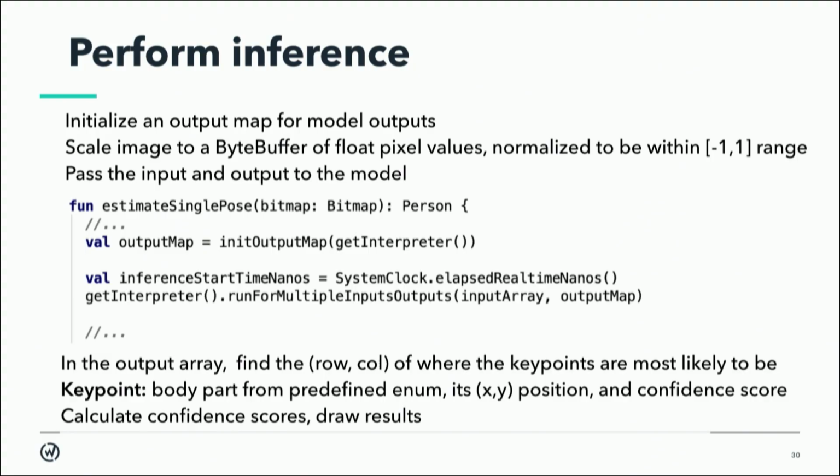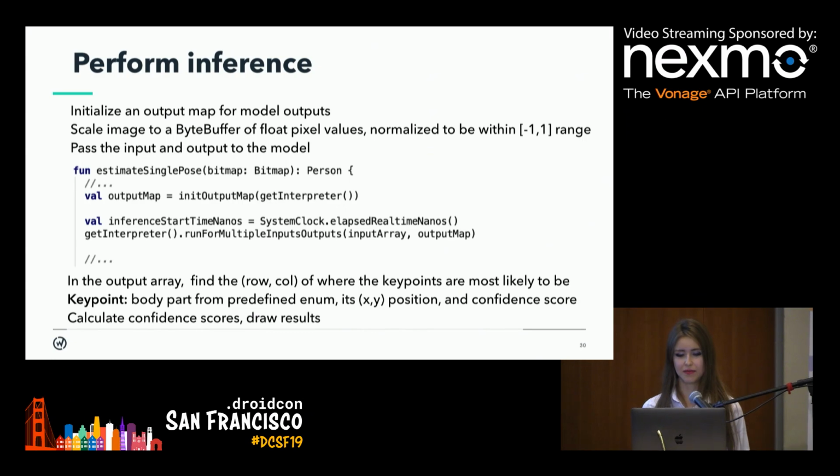So we're going to find the rows and columns where the key points of a person are most likely to be. Again, a key point is a body part from a predefined enum. So it could be a list of things like your wrists, your knees, your nose, and everything else. It's also going to have its coordinates and confidence score. And then finally, you would have to draw the results on the camera preview.